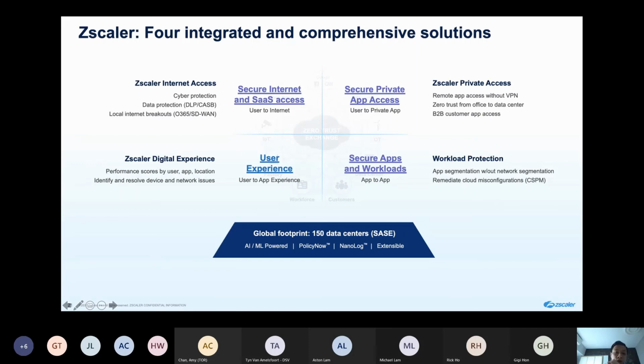We can do some digital experience checking so that you can identify access and performance issues easily. And we can go further to also secure your workload, so that cloud workload can be inspected to avoid misconfiguration, and also help you do application to application micro segmentation without revamping your network or network segmentation.